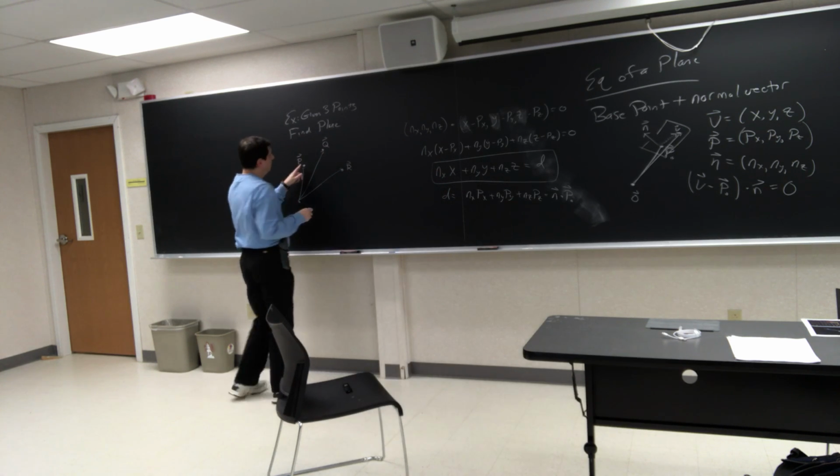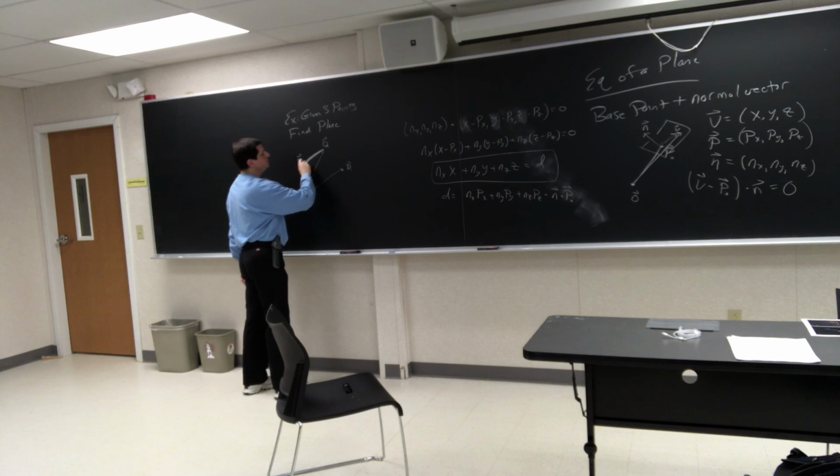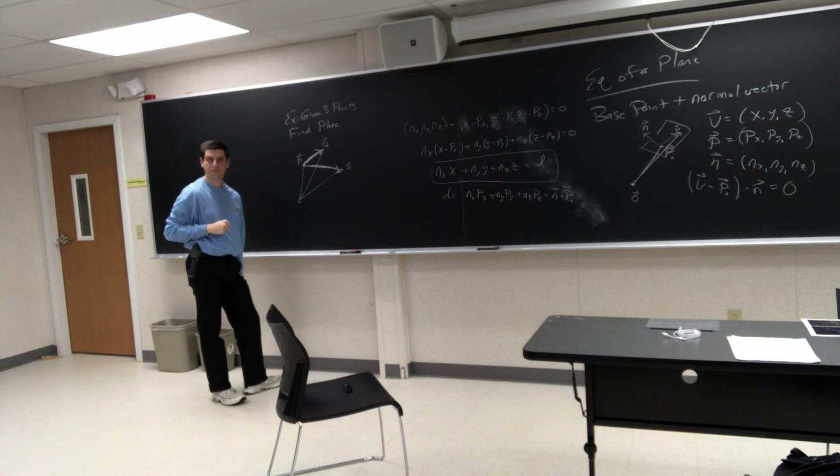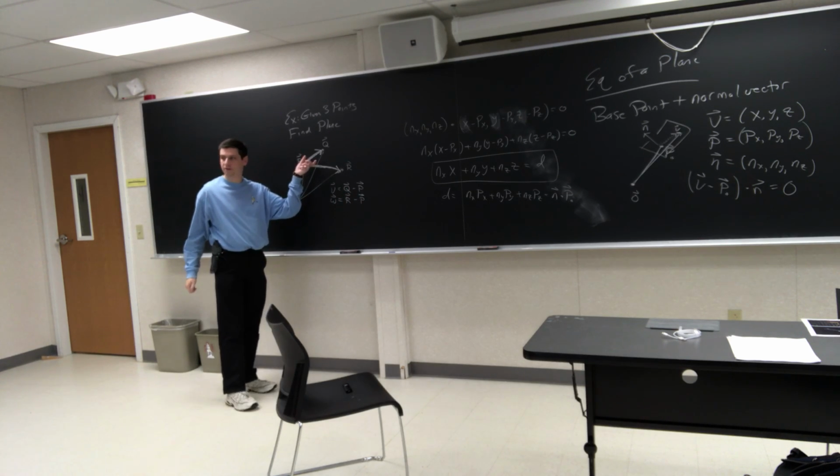Yeah, so if we look at these vectors, the distance from P to Q, that's got to be in our plane. And P to R, that should also be in the plane. So we could say maybe little v is Q minus P, and little w is R minus P. So that will give us 2 vectors.